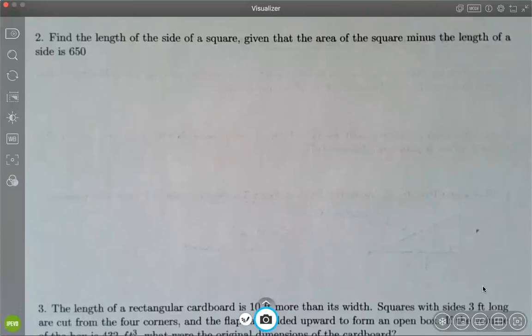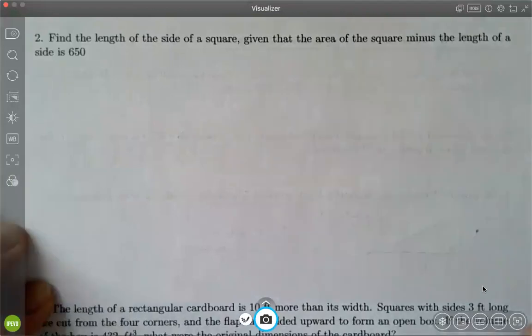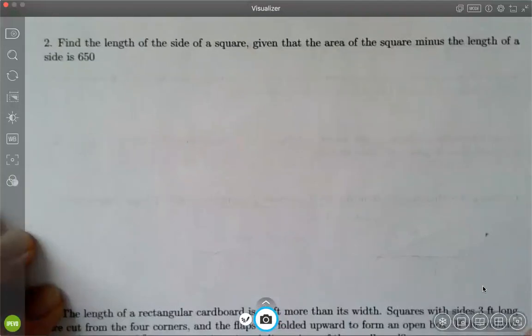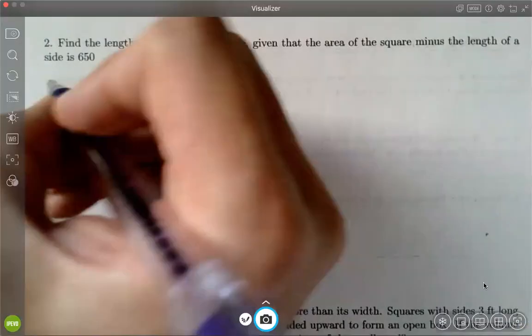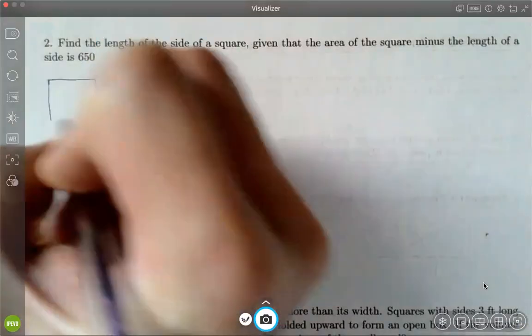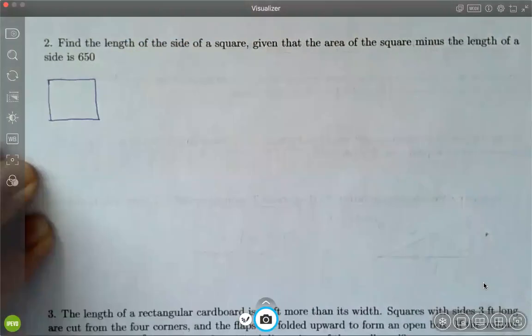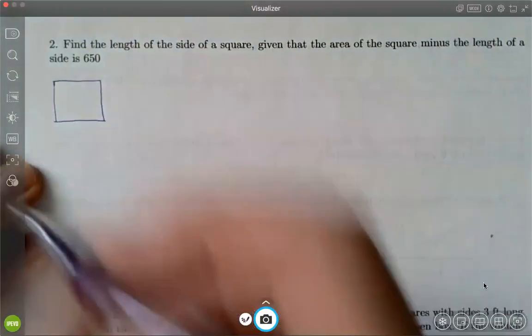Okay, so now what's the object here? It's not a right triangle, right? It's the square. Okay, and hopefully you already know how the square looks. Something like that, right? 4 equal sides, right? Now here, what is the unknown?